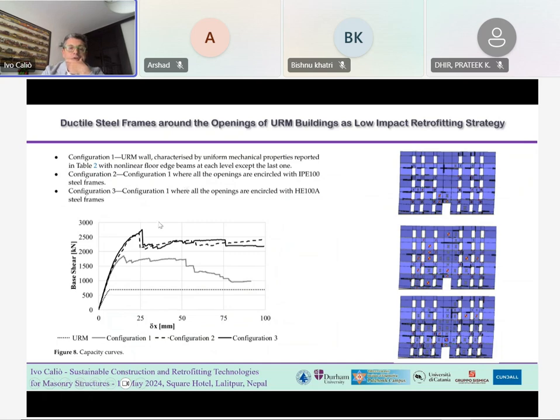in which the dotted one is the wall without beam floors. The gray one is the wall without steel frame around the opening.